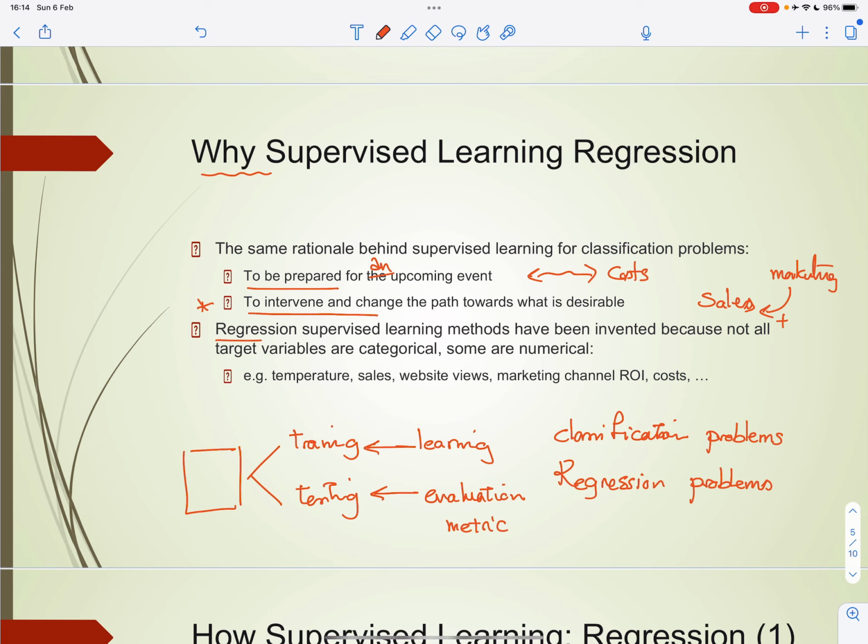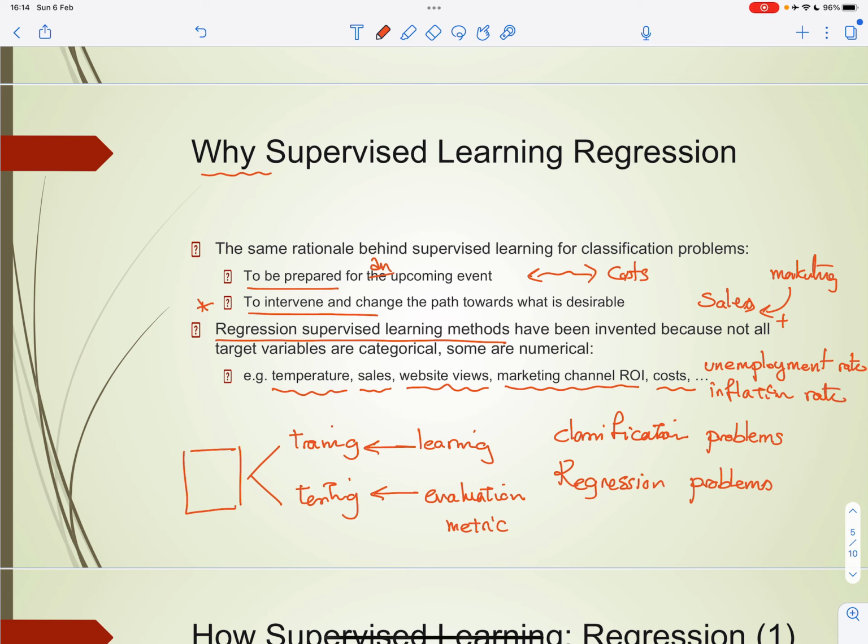And the regression supervised learning methods are addressing those problems that have a numerical target variable, like prediction of temperature, prediction of sales, prediction of website views, marketing channel rate of investment or return rate, costs, rates such as unemployment rate or inflation rate.